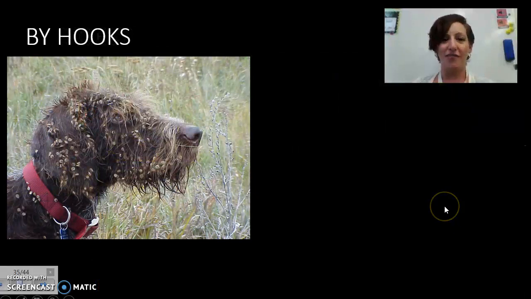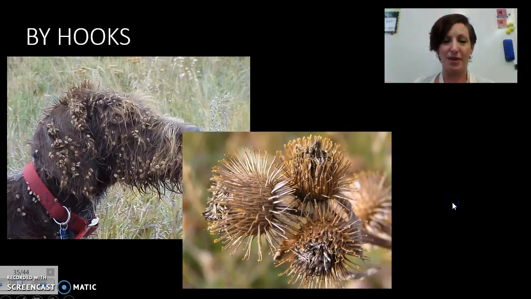Alright, so the next one we have by animals is by hooks. Now this poor dog has run through the grass and collected a whole bunch of seeds all over his face. These are the seeds by hooks. This seed here, I think it's called burlap, and these seeds with their little hooks are actually what inspired somebody to invent Velcro.